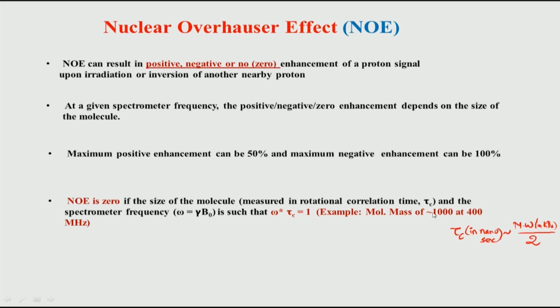If you go to 10 kilodaltons, which is the size of a small protein, then your tau c will become 5 nanoseconds, and if you multiply with 400 megahertz you will get a large number which is much greater than 1. Therefore, we say that the negative NOE is active there, and you will get a negative enhancement, whereas if you go to smaller and smaller molecules you get a positive enhancement, but within these limits.